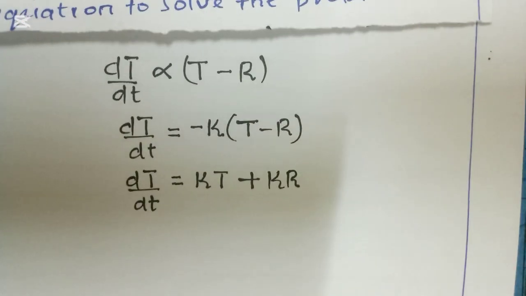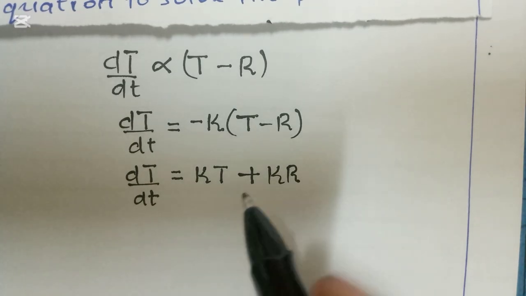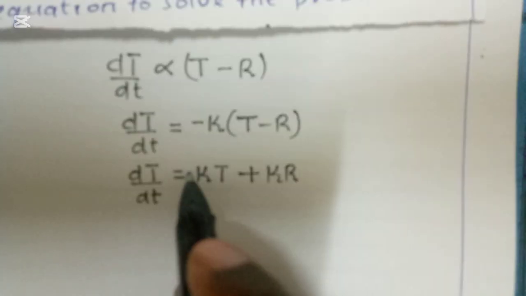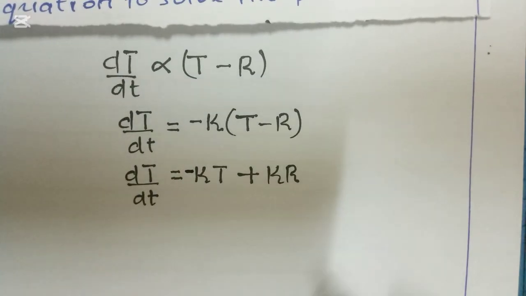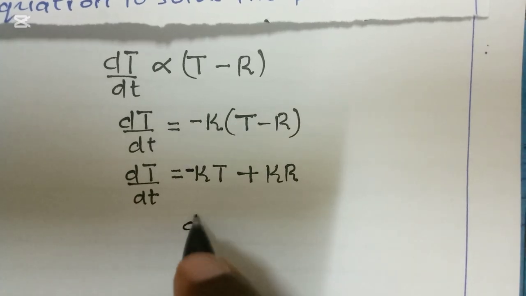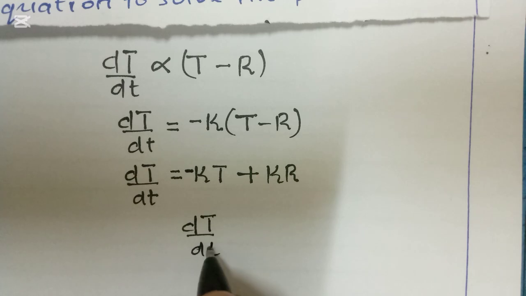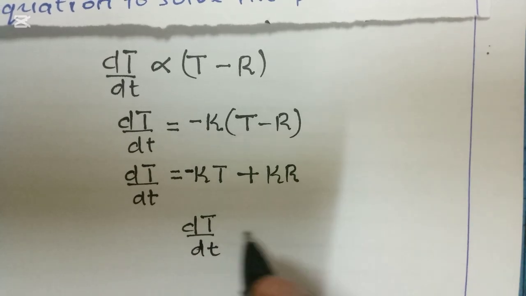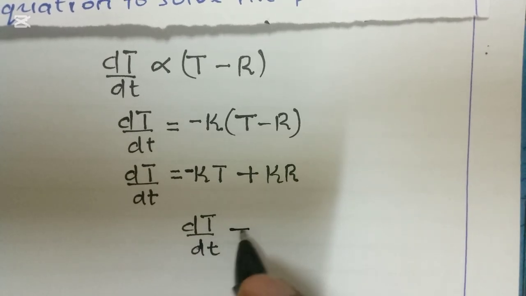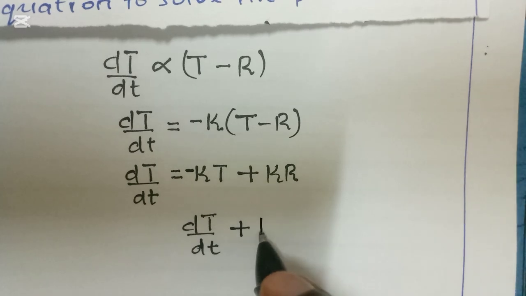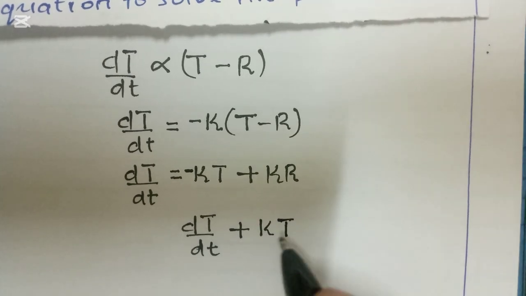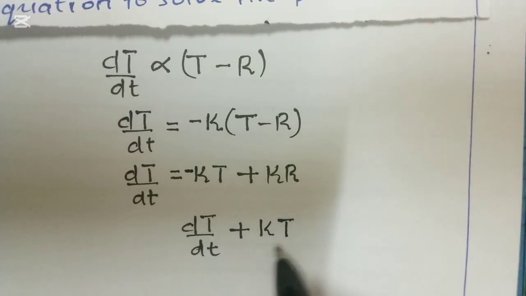So guys, from there, this one is negative, so I can bring it over: dT over dt plus kT. This k is the coefficient of heat transfer.